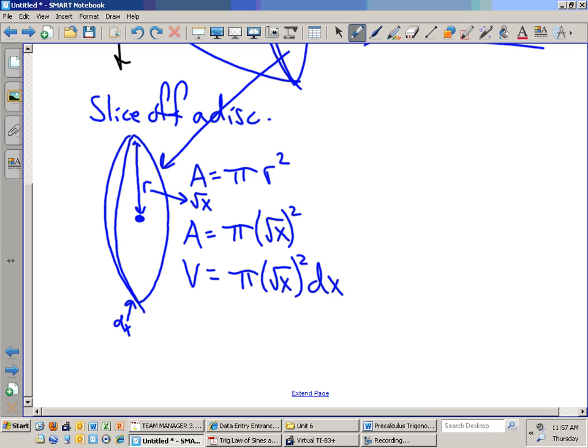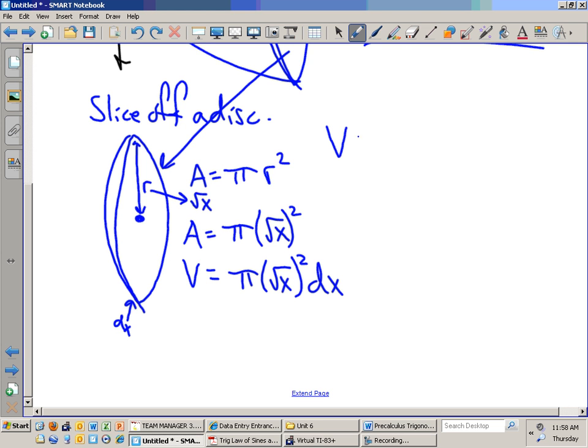You tell me, in light of the method of exhaustion, how many of these type of slices would we like to add up to find the entire area? Infinity. What do we do? What do we use in order to add up an infinite number of slices? The definite integral. And so this becomes very, very straightforward.